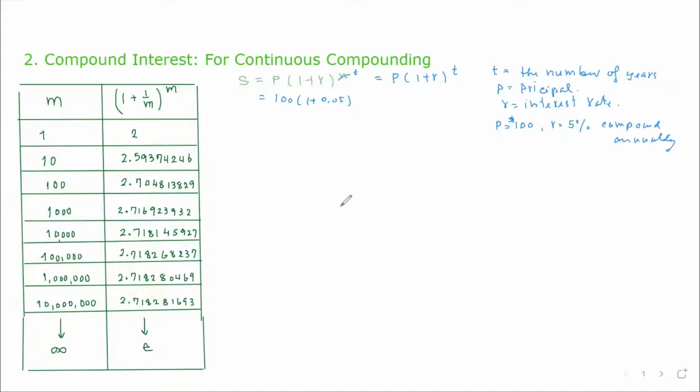Say if we do the investment for 5 years, for example, then t is going to be 5, correct? Annually means 1 year gets one time interest, so you just times 1 over 1, that's all.